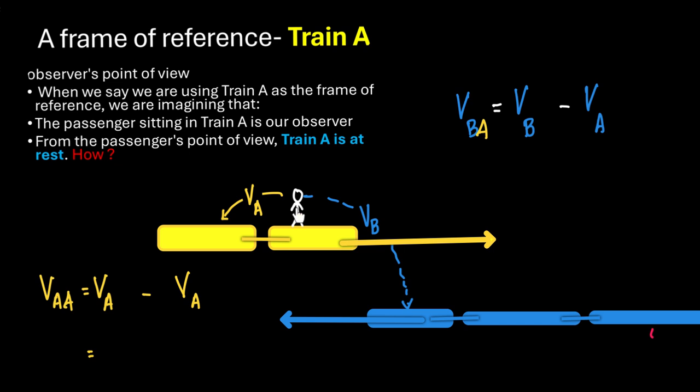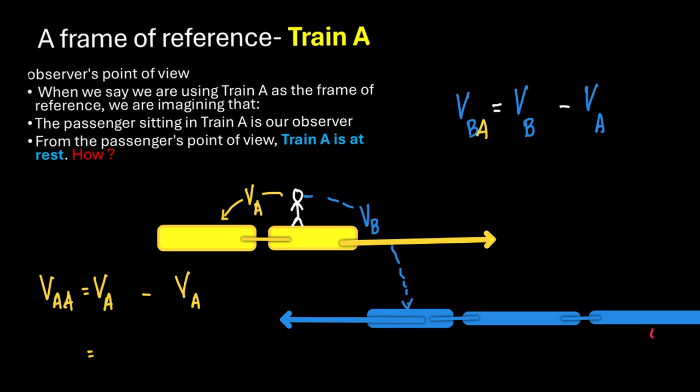Now when we place the observer on train A, every physical quantity with regards to the motion is with respect to the observer. So the displacement of A is with respect to the observer. Displacement of B is with respect to the observer.